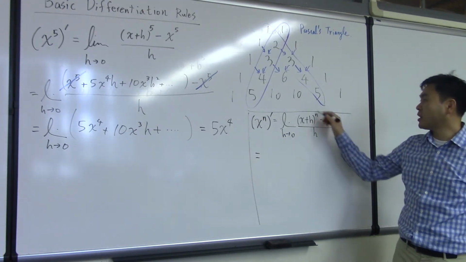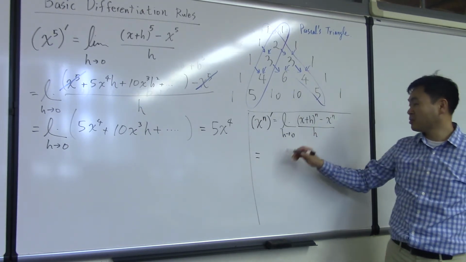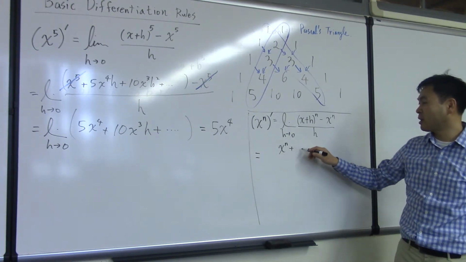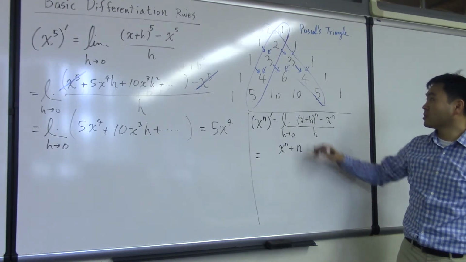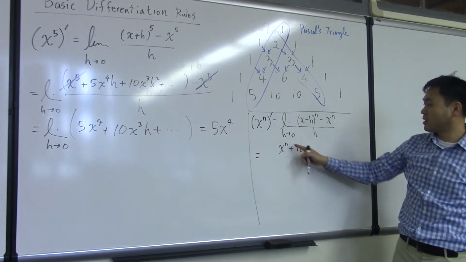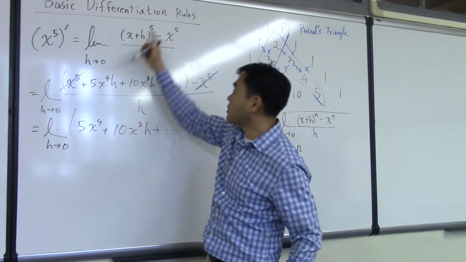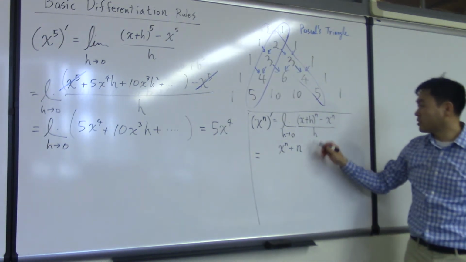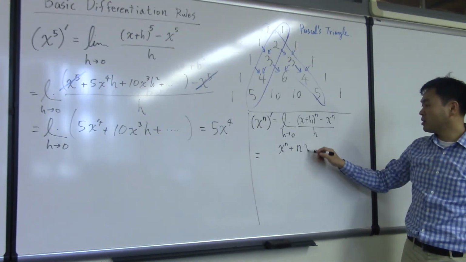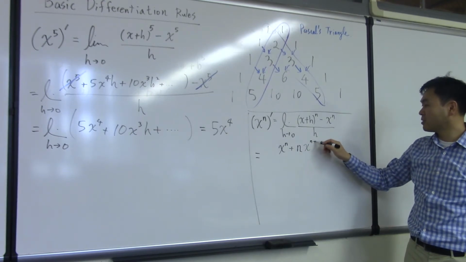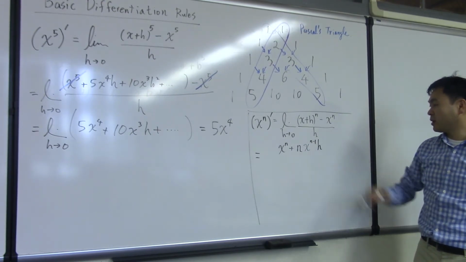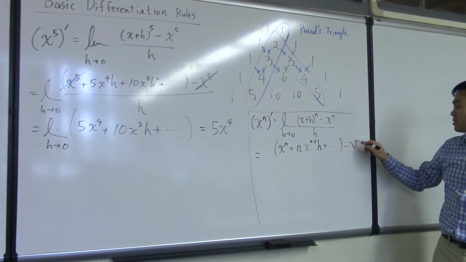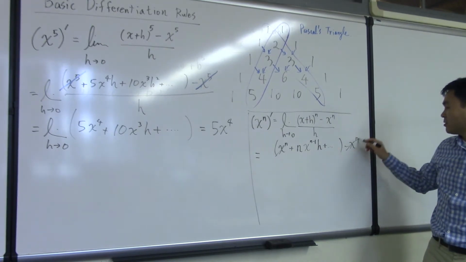And if you expand this using Pascal's triangle, you'll definitely have x to the n as the very first one. The very next one will have n times, because of this property, whatever this number is, that number appears. If you do fifth power, 5 appears here, right? If it was fourth, there would be 4 here. So same thing happens here. If it's nth power, n will appear here, and there will be 1 less, but h will be attached. And then there will be more terms where there are more h's. Minus x to the n, which will cancel the x to the n, right?